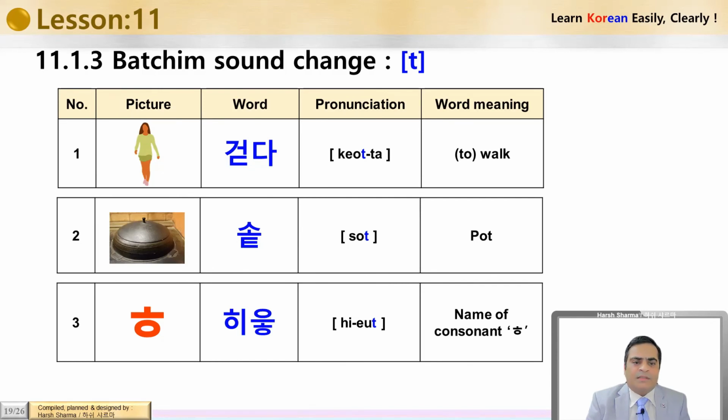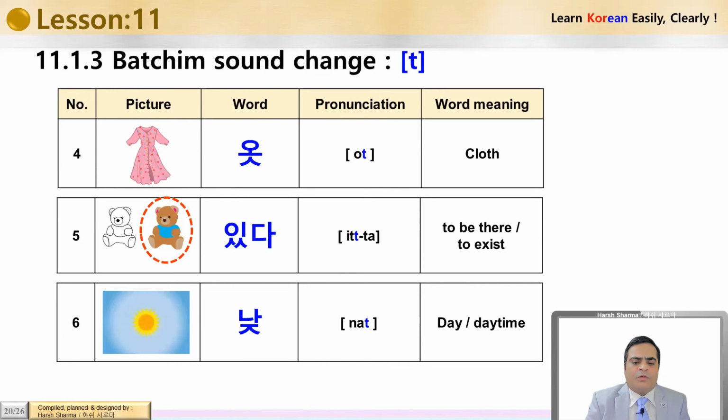And see number 3. This is the name of the consonant ha. See the Batchim. Batchim is ha here, so ha will also be pronounced as ta. Hiyat. Name of the consonant ha.